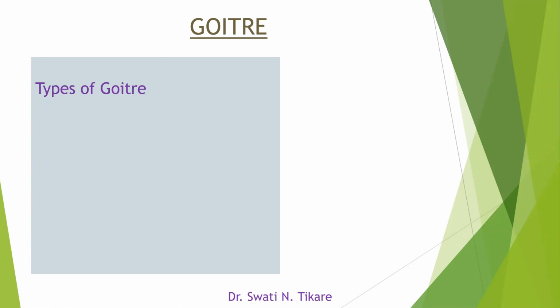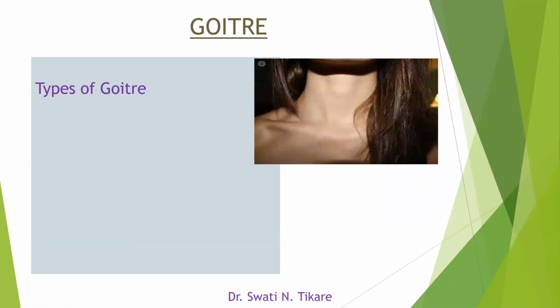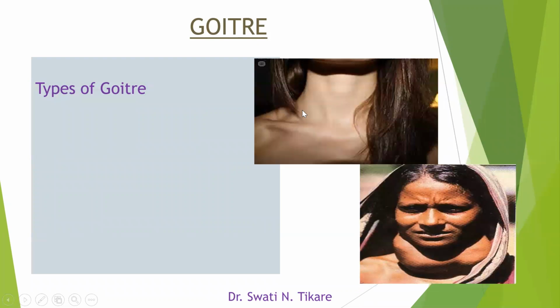Coming to the types of goiter, in this diagram we can see it is hardly visible, hardly noticeable that there is an enlargement. It can be so small or it can be this large.